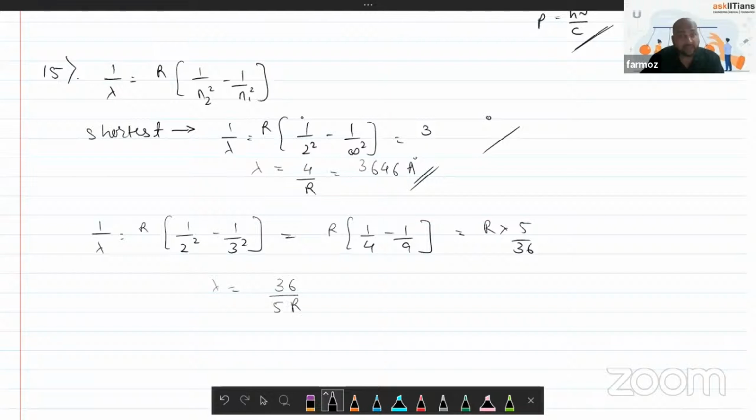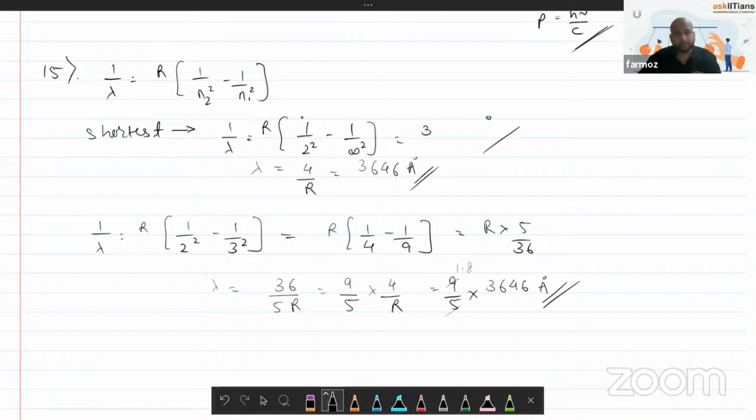Now we have the value of 4 by R. So can you write it like this? This is 9 by 5 into 4 by R. Or you can go with 9 by 5 into 3646 angstrom. Clear? Now, if you try to solve, this will be approximately 1.8.